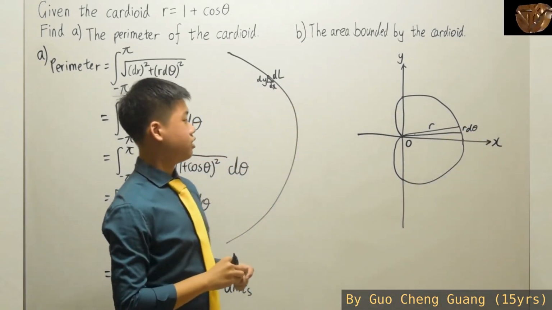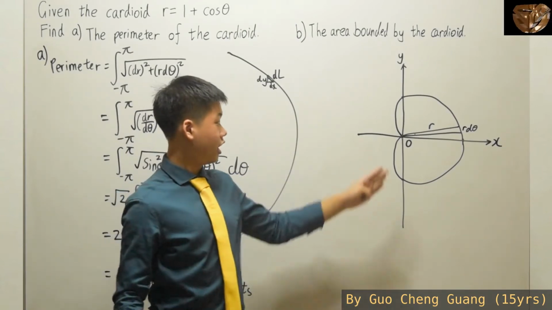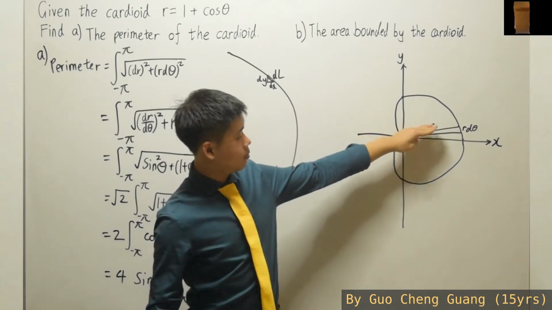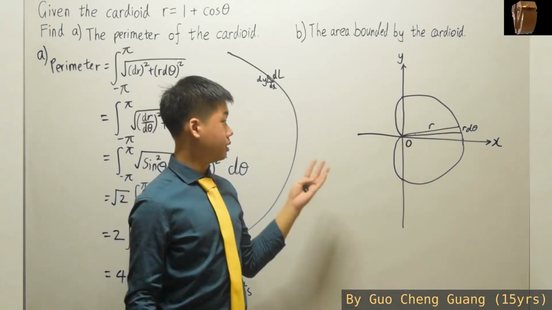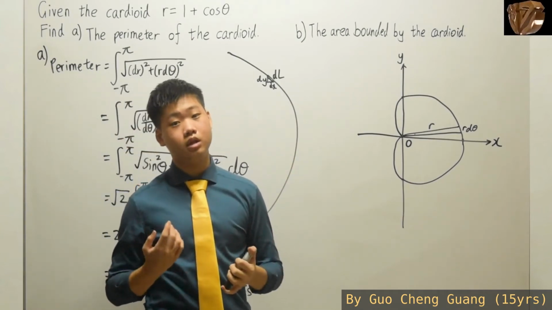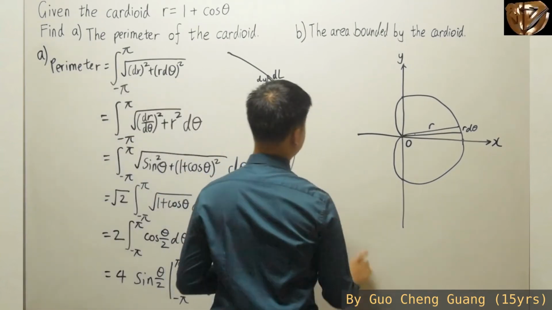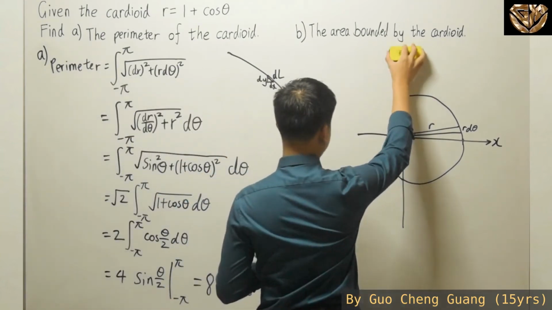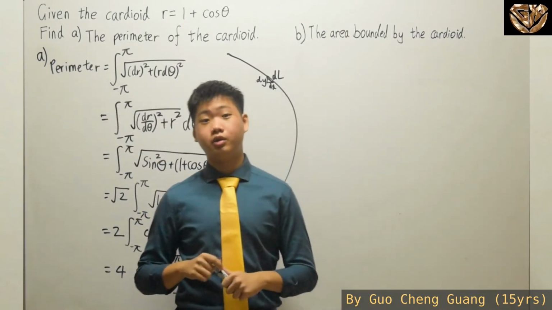Then you could use the method for the area of a sector, which is half multiplied by r multiplied by your length over here, r d theta. So that will be a half r squared d theta, which is when we could start integrating. Now I'll be erasing this part to write the workings. We'll be taking a look at the area bounded by this cardioid.